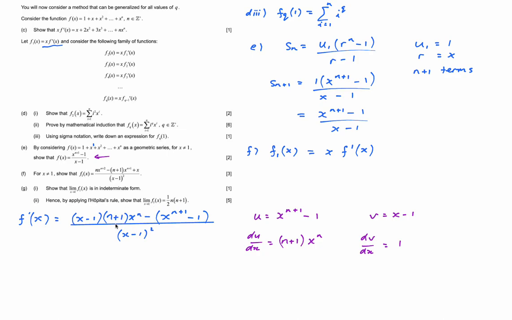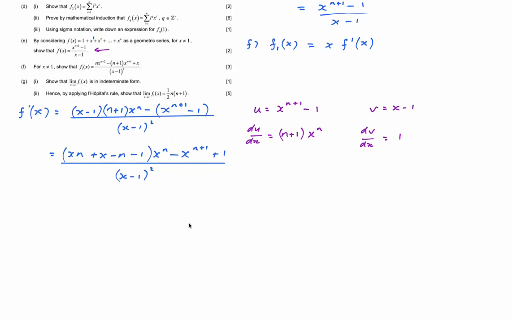Okay, once I have this, let's simplify this a little bit. I'm going to multiply out. Let's multiply these two brackets first. I'm going to get x times n x to the n, plus x times x to the n, minus n x to the n, minus x to the n, minus x to the n plus 1, plus 1, all divided by x minus 1 squared.